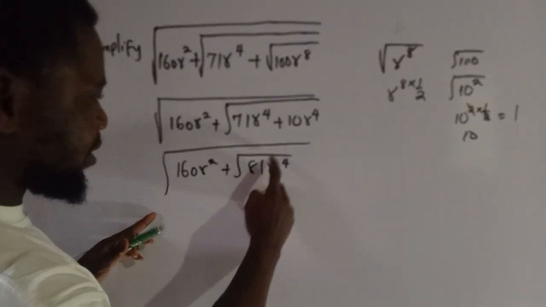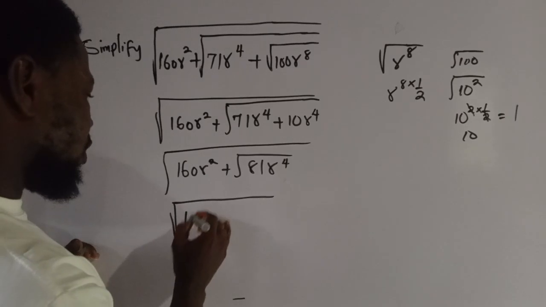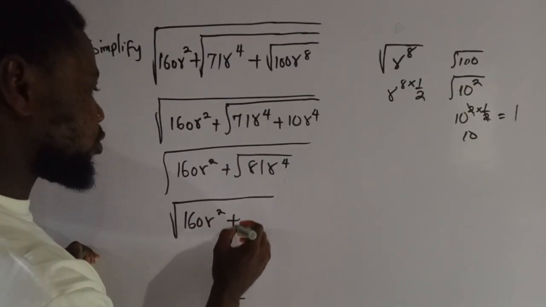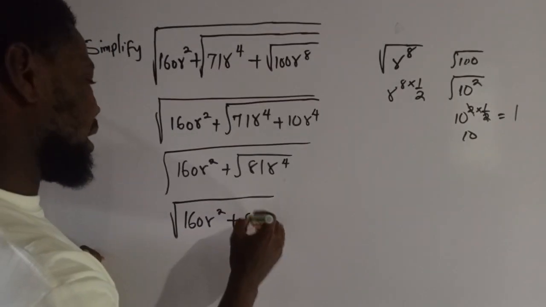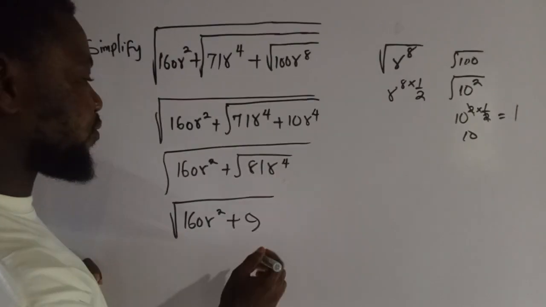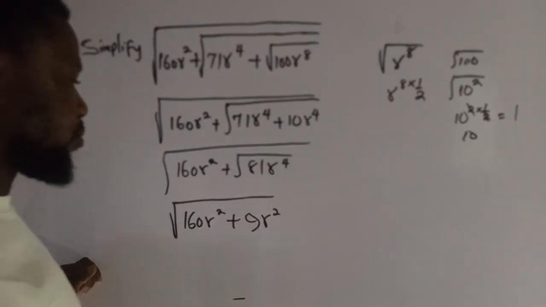Also, we consider this: we have the square root of 160r² plus the square root of 81, which gives us 9, and the square root of r⁴ gives us r².